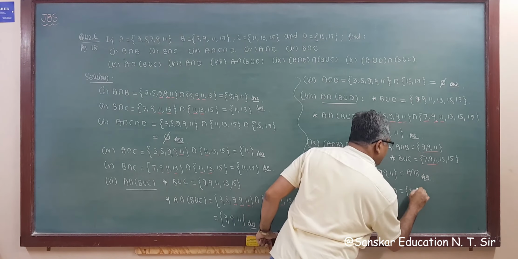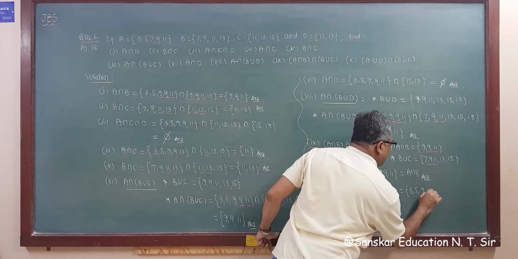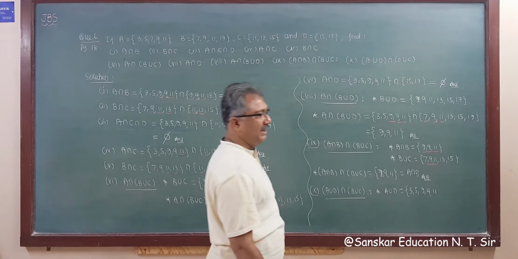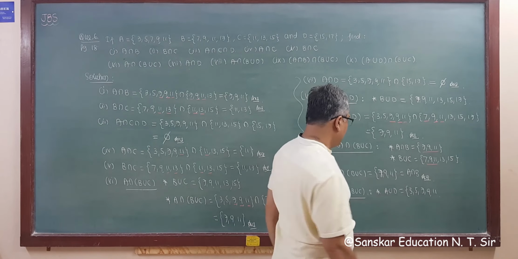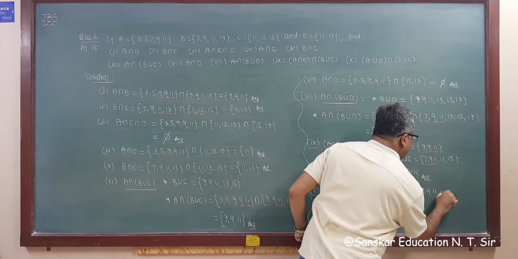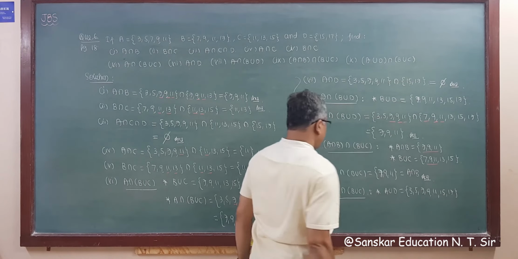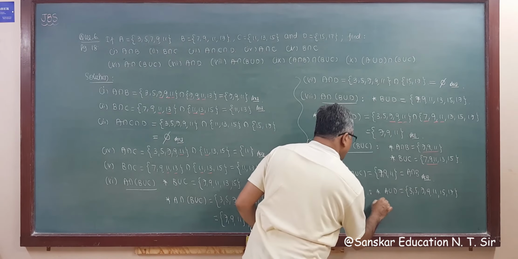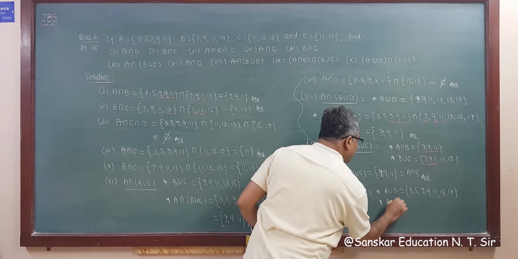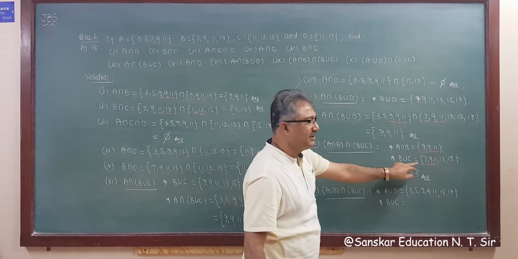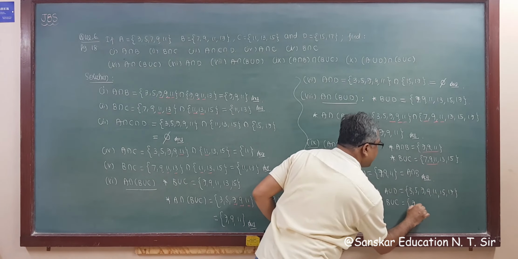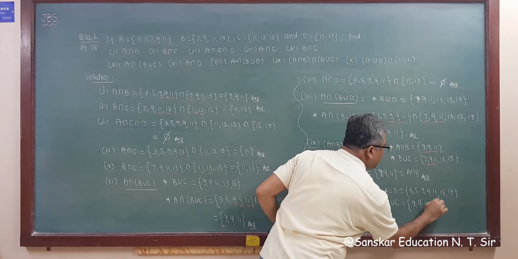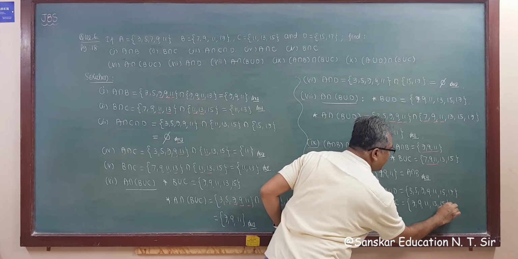So 3, 5, 7, 9 and 11. And D has 15 and 17, both are remaining here. So 15 and 17. And then B union C. B union C is here, so we can write directly. So this is 7, 9, 11, 13 and 15.